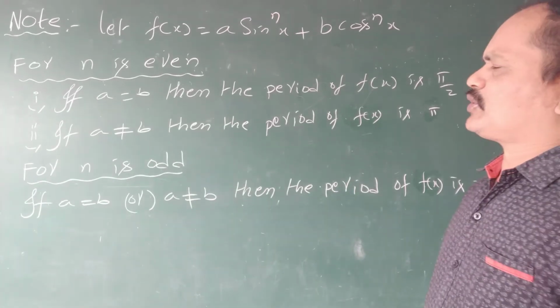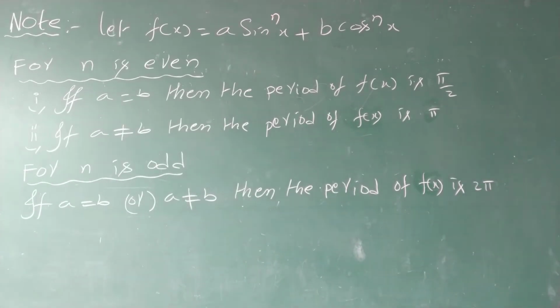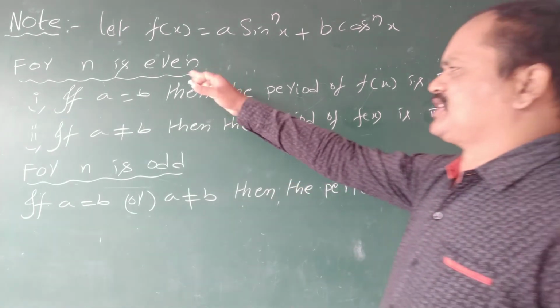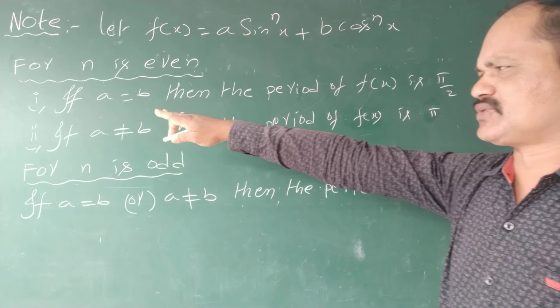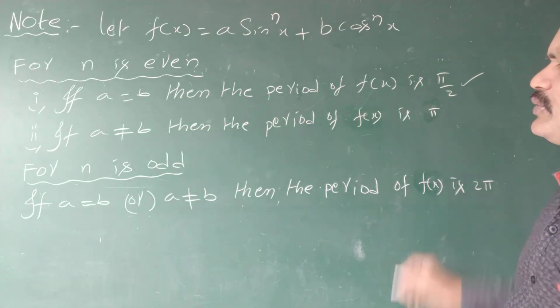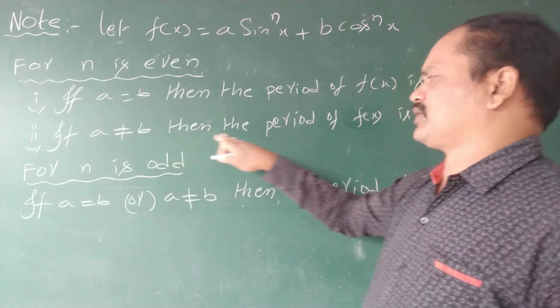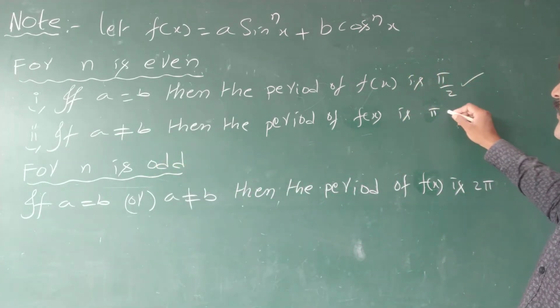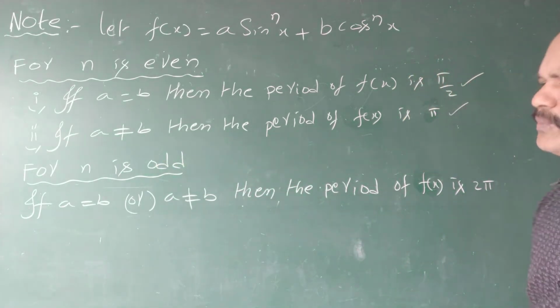Now we are going to the note point. Let f of x is equal to a sin power nx plus b cos power nx for n is even. For n is even, first one, if a is equal to b, then the period of the function f of x is pi by 2. If a not equal to b, then the period of the function f of x is equal to pi.